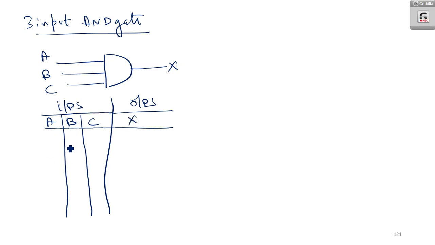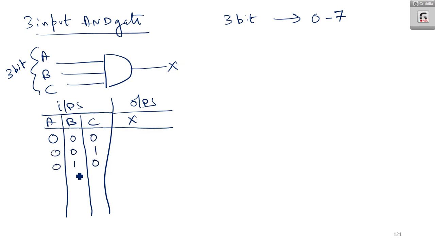So here you can write. See here the input is 3 bit. Therefore, if you are converting 3 bit into decimal, you can count from 0 to 7. So write the corresponding binaries of 0 to 7. So 0, 0, 0, 0, 0, 1, 2, 3, 4, 5, 6, and 7.